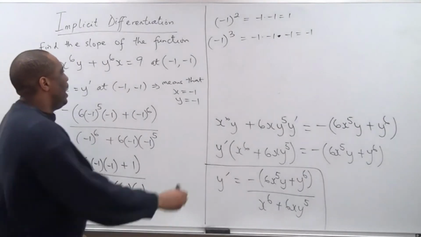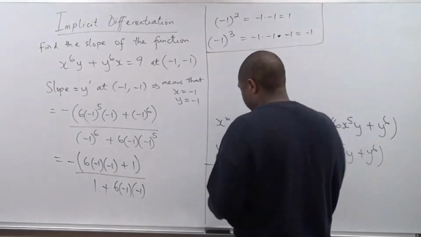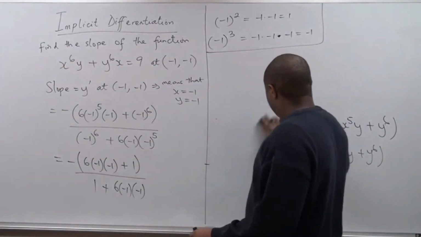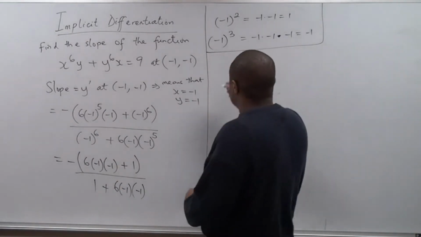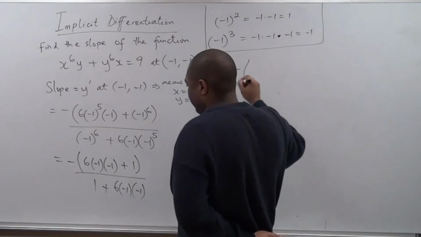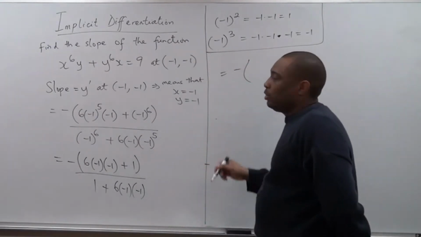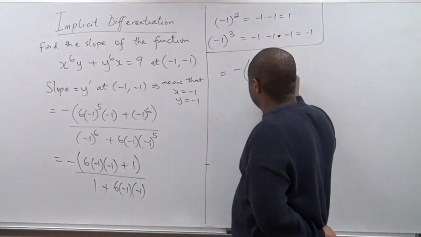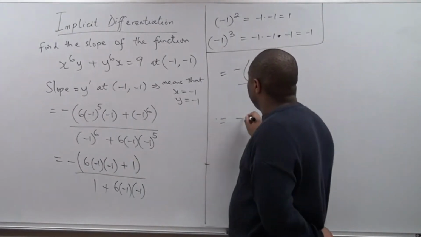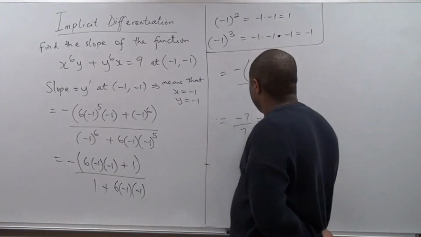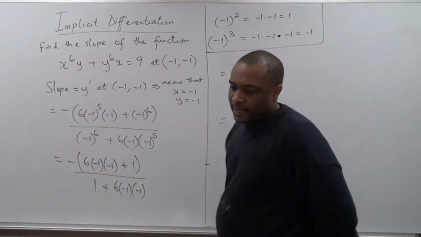Right? And then this will give us negative, in parentheses, 6 times 1, which is 6, plus 1, all over 1 plus 6. And that is -7 over 7, and that is -1 as your answer.